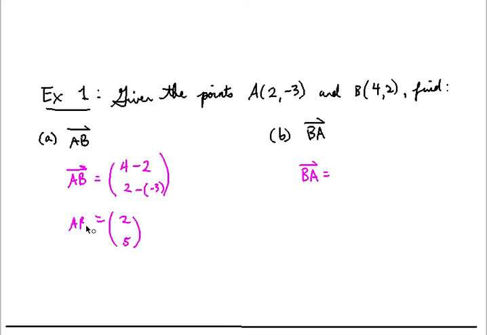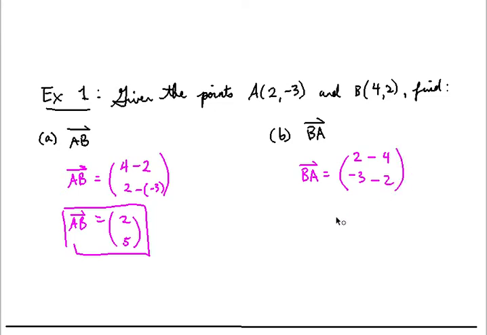That there is the vector AB. For the vector BA, I'm going from point B to A, so I need to go backwards. I take 2, -3 and subtract from them 4 and 2, and I end up with -2 and -5.